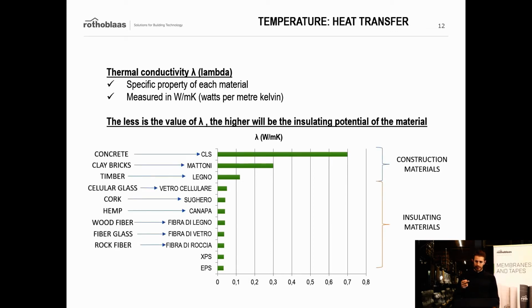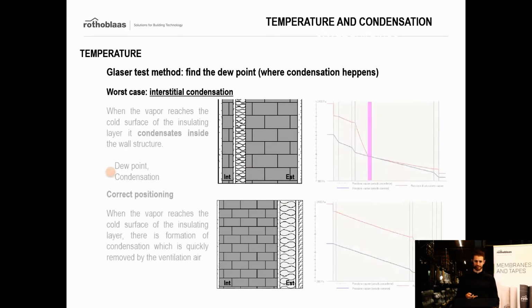And so we can see here in the graphic some other very common construction materials, and concrete, for instance, or clay bricks, they have a higher thermal conductivity.